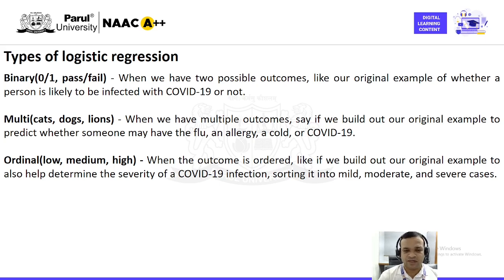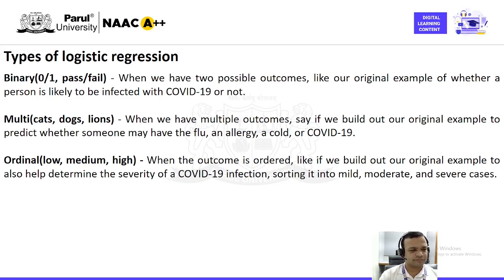Multi logistic regression is when we have multiple outcomes, say if we build out our original example to predict whether someone may have the flu, an allergy, a cold, or COVID-19. There is some possibility it may be flu, allergy, cold, or COVID-19. So, multi category.